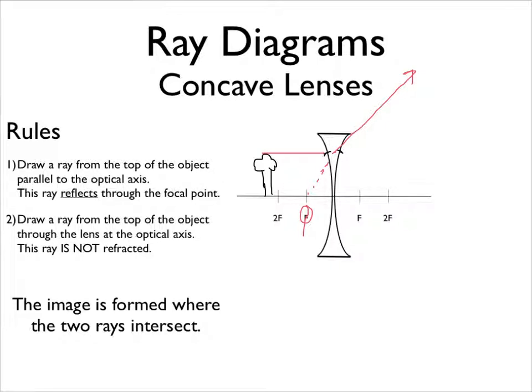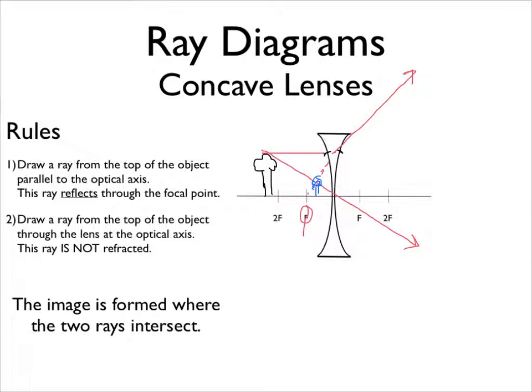And so this ray, let's see if I can do this now, through the optical axis, sort of like that. And where these two rays intersect, which is at this point right here, that's where the image is formed. And so we get a little bitty tiny tree right there. Again, don't make fun of my drawing because I'm not very good at it.